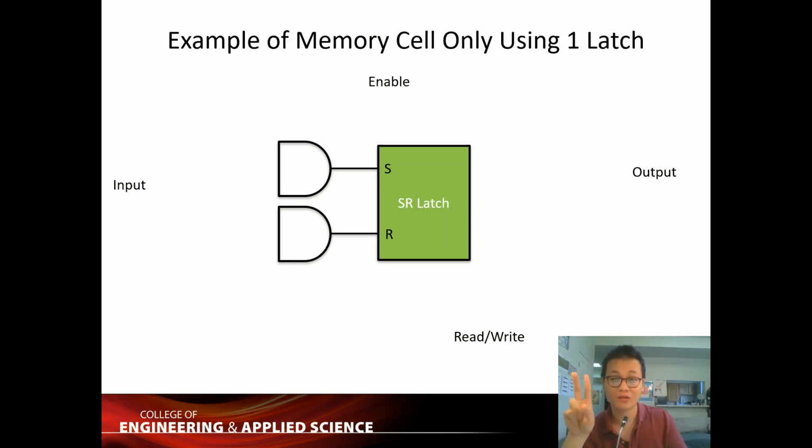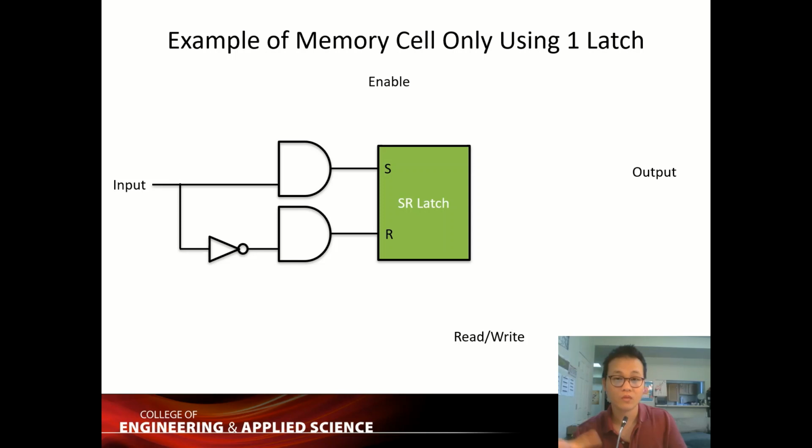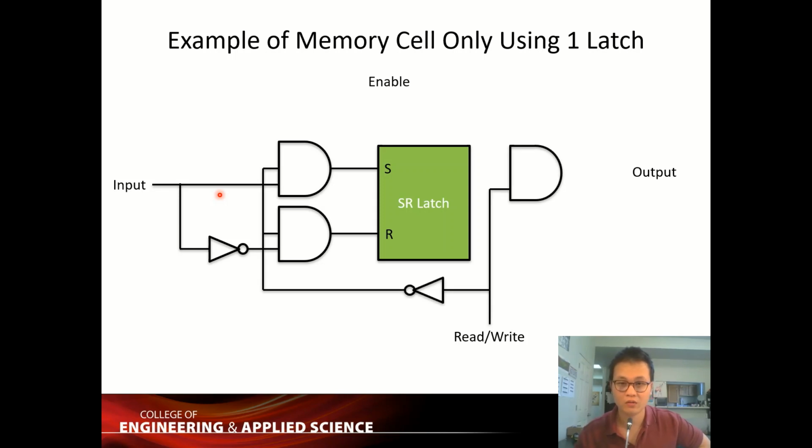3, 2, 1. So for the example in here, wait 1 second, I'm going to go to the laser pointer quickly. For the example in here, we have input. The input goes in, and the output is right there.